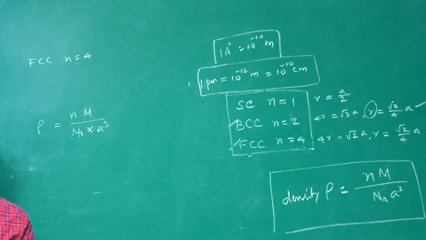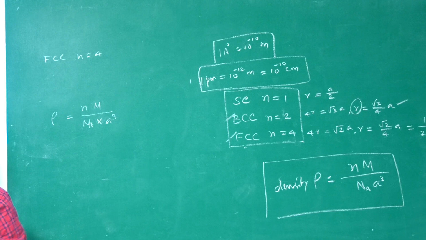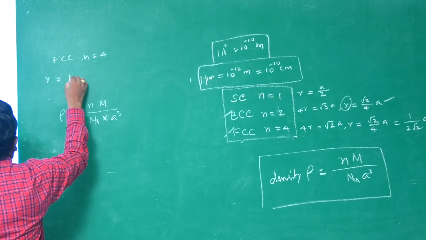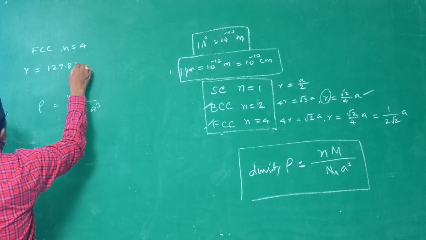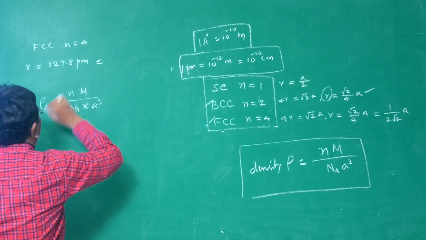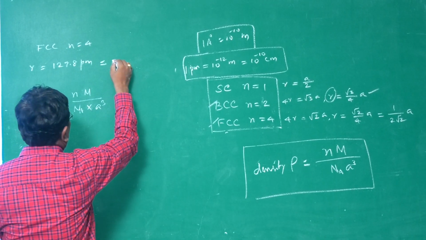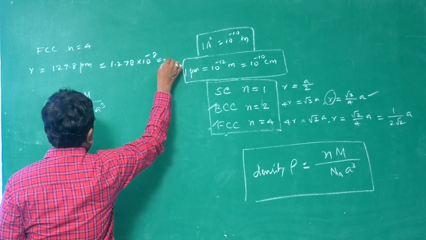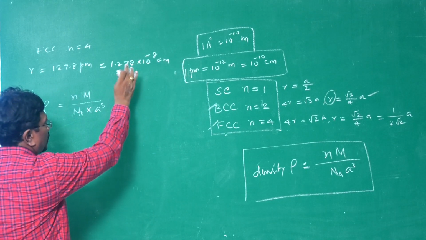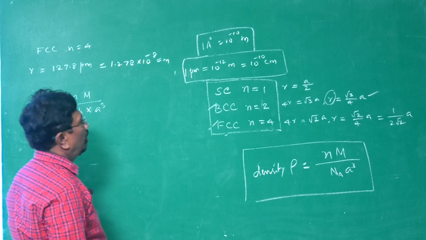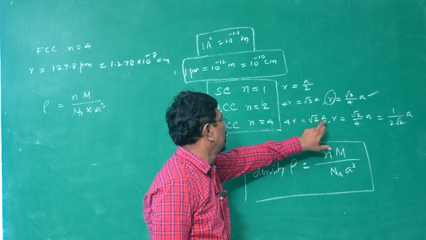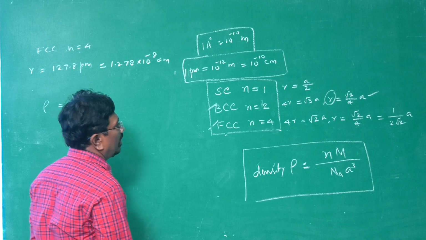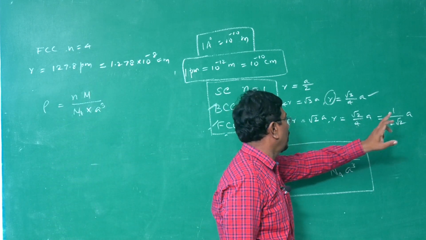But A is not given, R is given. R is equal to 127.8 picometer. To get density, it has to be converted into centimeter. Therefore, 1.278 into 10 power minus 8 centimeter, the usual way. R is this much. What about A?